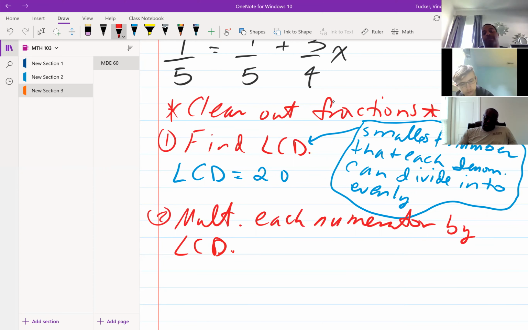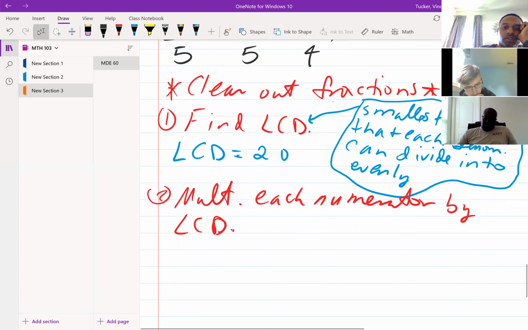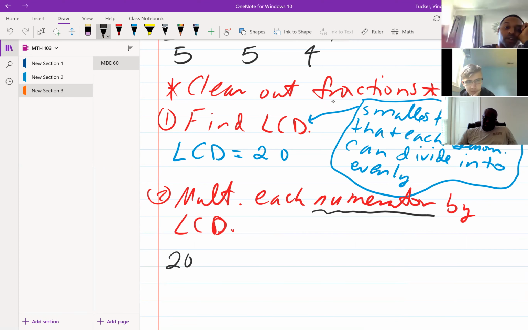Next step, we're going to multiply each numerator by the LCD. And notice I said each numerator. We're not multiplying top and bottom, we're multiplying across the equation.